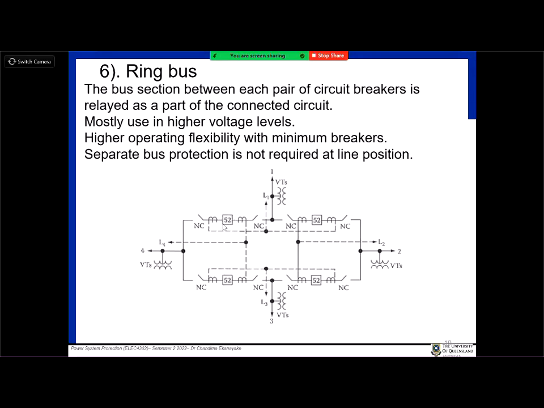Even after taking one of these circuit breakers out of operation, if this is open, you can still provide power through the other part of the circuit. So it's a very, very reliable technique.